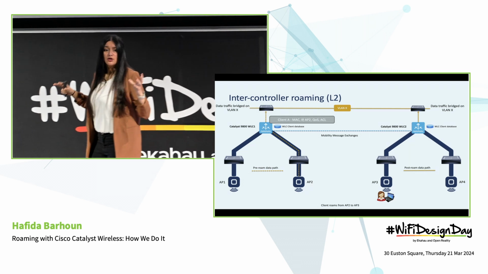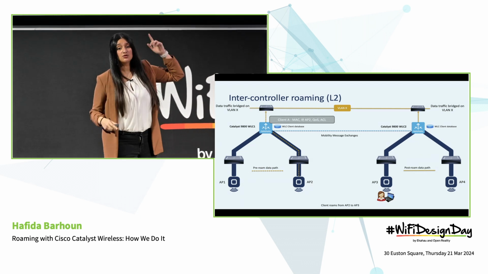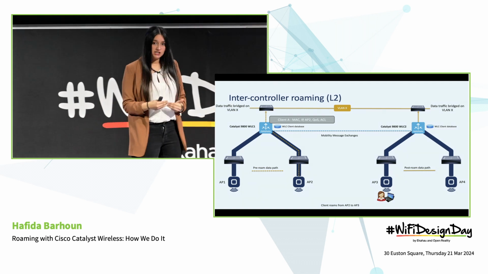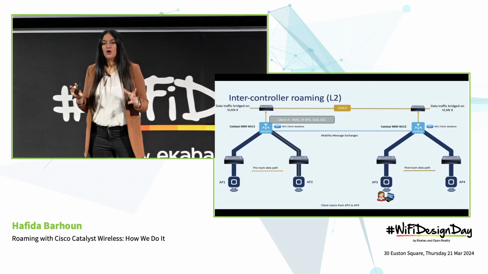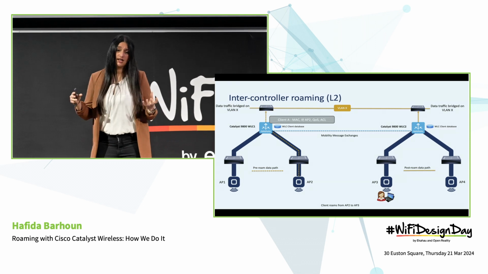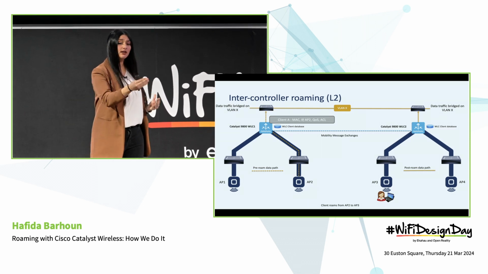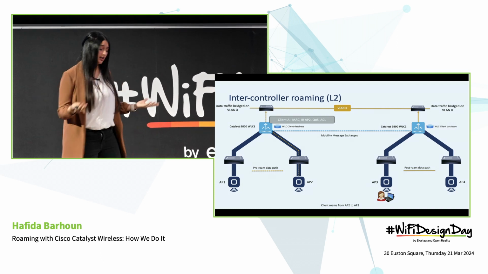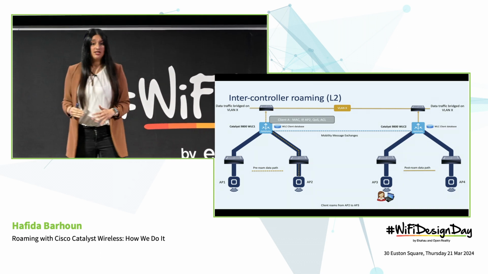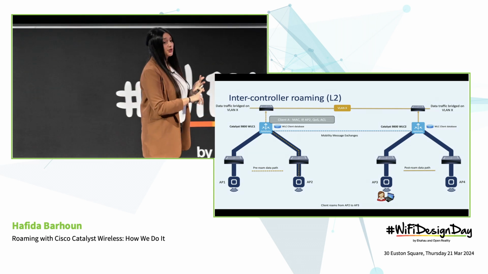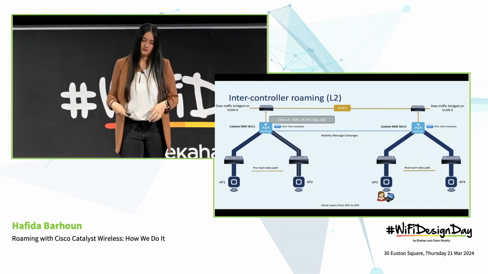Both controllers share a common subnet and use the same VLAN ID. They are also part of the same mobility group. We call a mobility group a group of controllers that are identified by the same group name, and where fast roaming using 802.11r, for example, can be achieved by dynamically sharing data like the databases, security keys, and more.